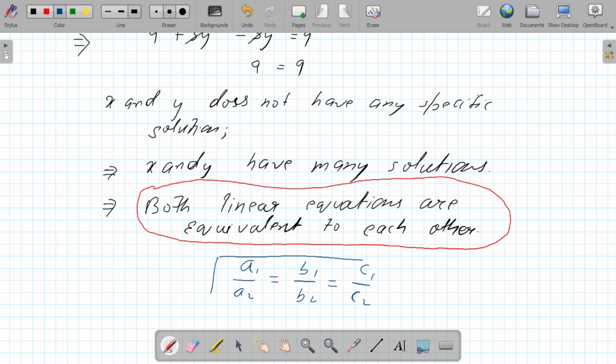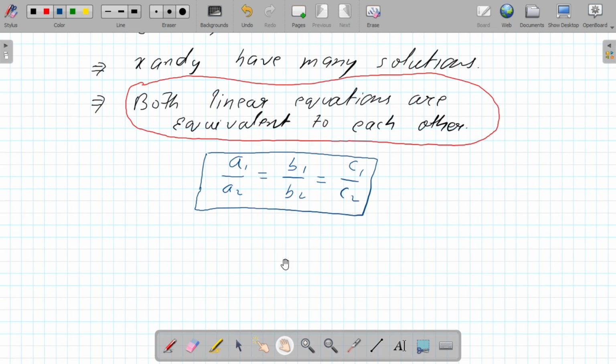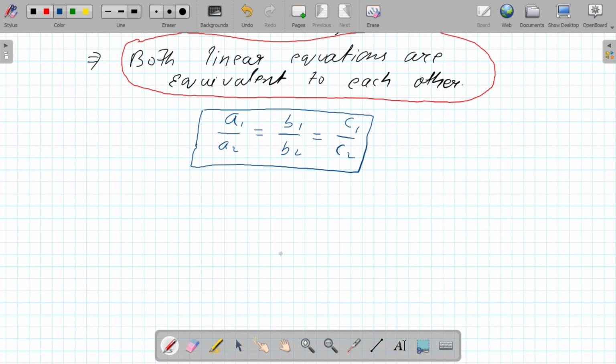And if you represent this equation graphically, it will be like this. First equation will be like this, and second equation will lie upon this. So we call this coincident.